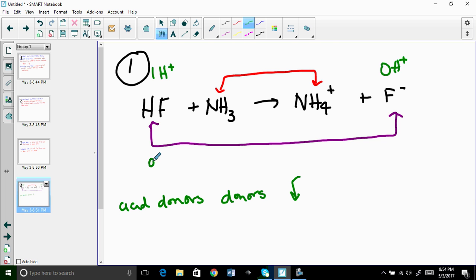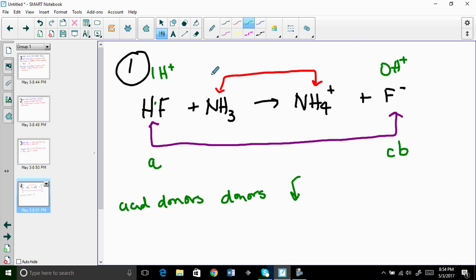That means this is an acid, which you probably already know because this is called hydrofluoric acid. And I started with the easy one. You know, acids start with hydrogen. Because this is the acid, this is the conjugate base. Because the acid and the base are on the reactant side. The conjugate acid and the conjugate base are on the other side.